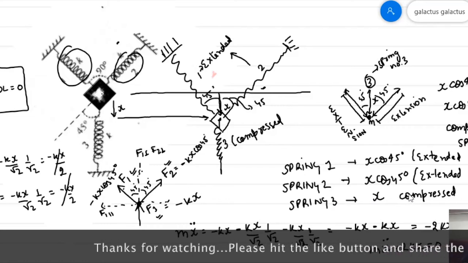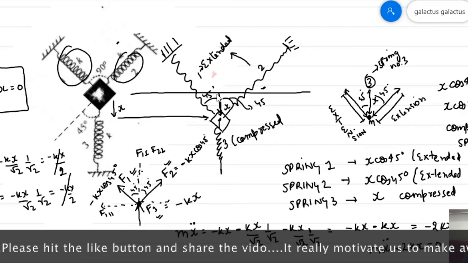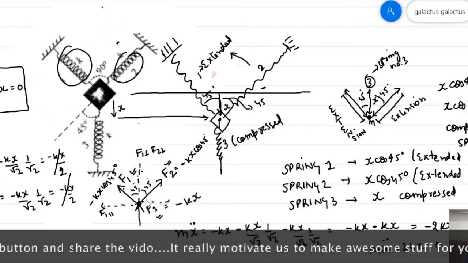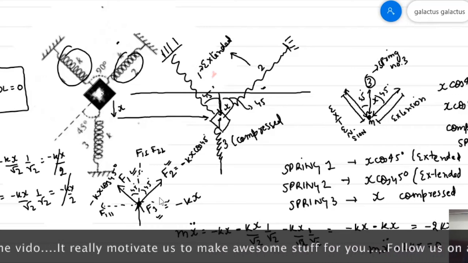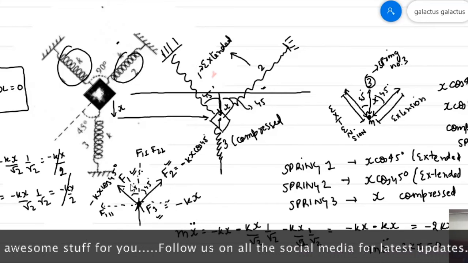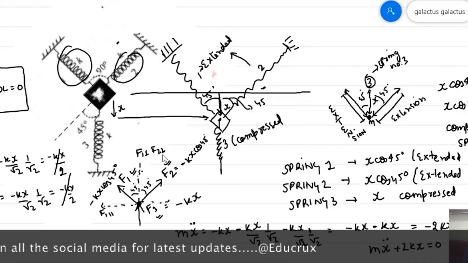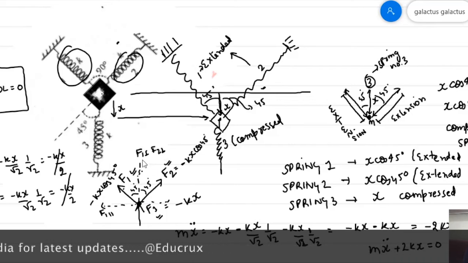So all these three forces will act in this way, and the parallel components of F2 and F1 will cancel out, and F3, F1 perpendicular and F2 perpendicular all apply in the same direction.